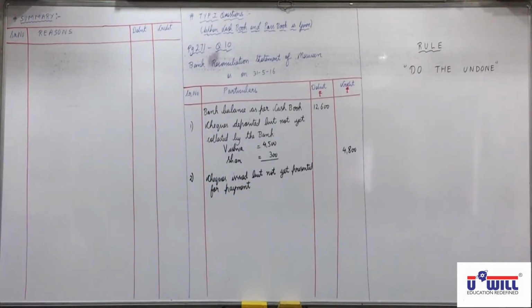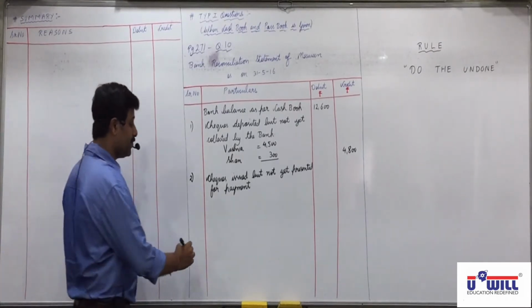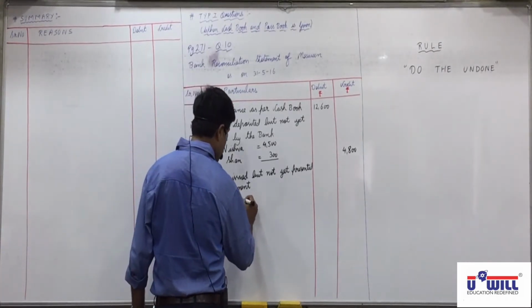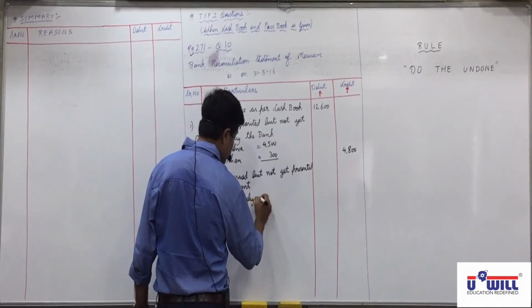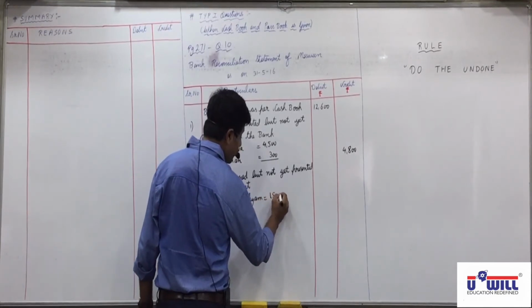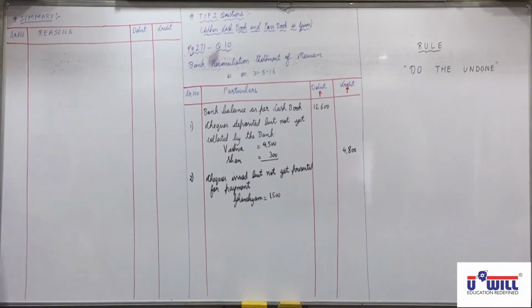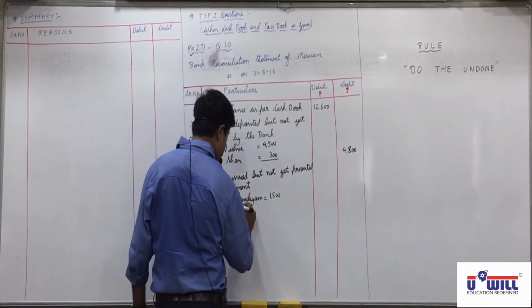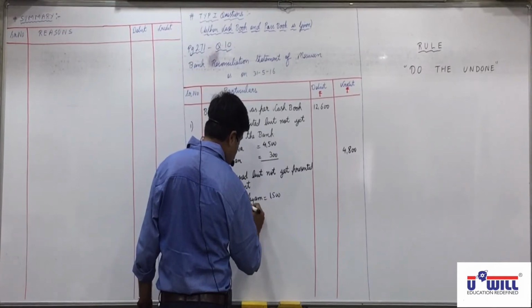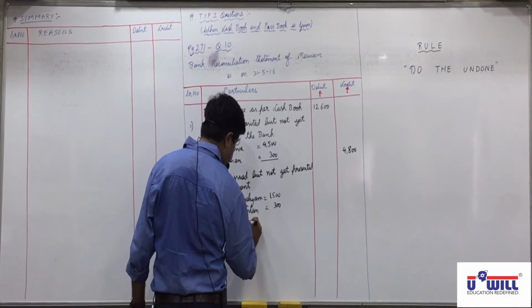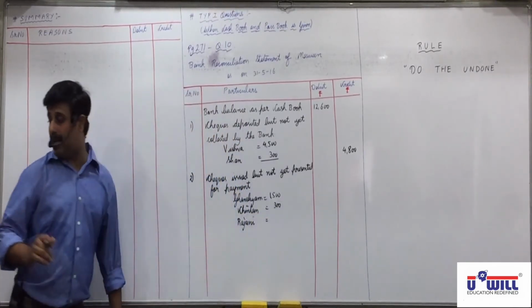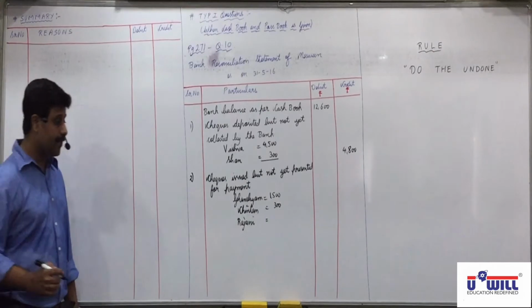Now 3 checks are there. One is Ghanshyam 1,500. Second is Chintan 300. And third is Rajni, and Rajni's amount is 6,000.